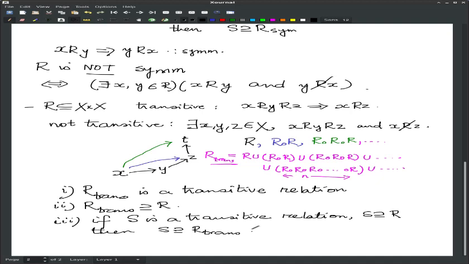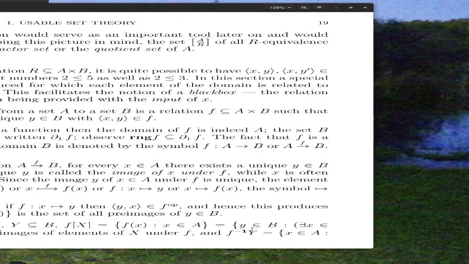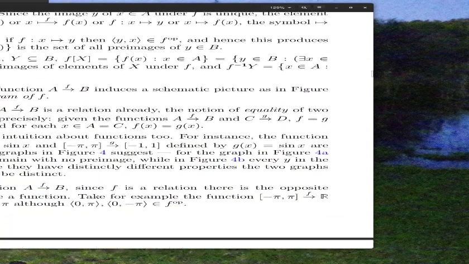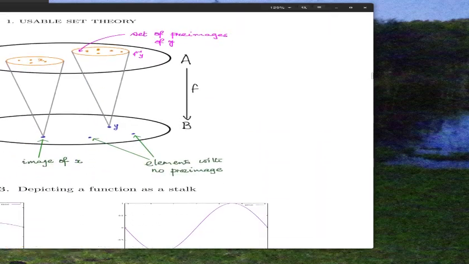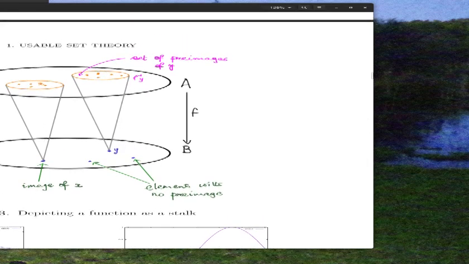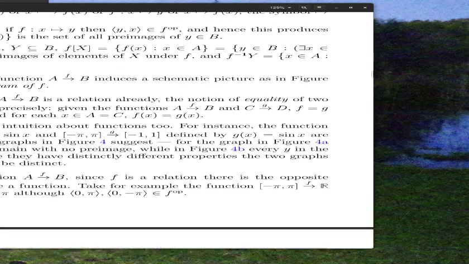Now let's come to your questions about functions. So section 5, you have the notes with you right now, right? So you got hold of the stock diagram. That's a very intuitive picture which we will utilize again and again.